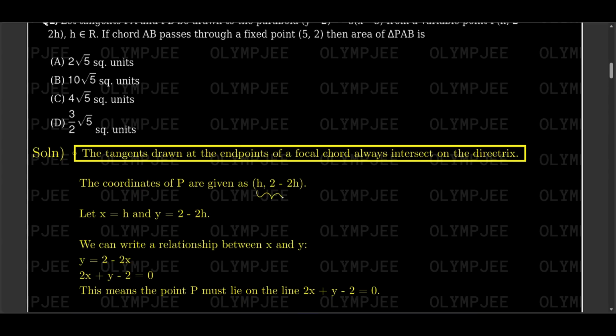This is the parametric form and we will convert it into x and y. For converting it, we can take x is equal to h and y is equal to 2 minus 2h. From here, we can replace h with x, so we get y is equal to 2 minus 2x, which gives us this equation. So the point P is lying on this line. And we also know that point P is lying on the directrix.